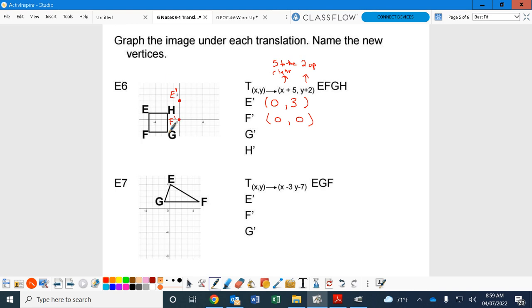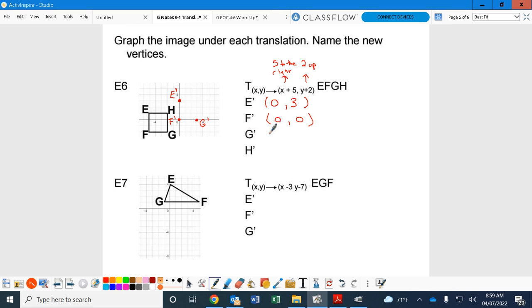Okay, G is next. We're going to count 1, 2, 3, 4, 5 and go up 1, 2. Here's my G prime. Over 5 up 2, guys. Okay, what point is that? I go over to the right 3.